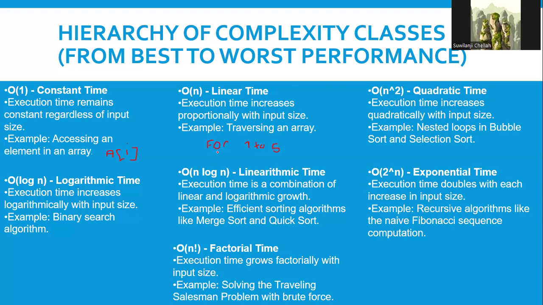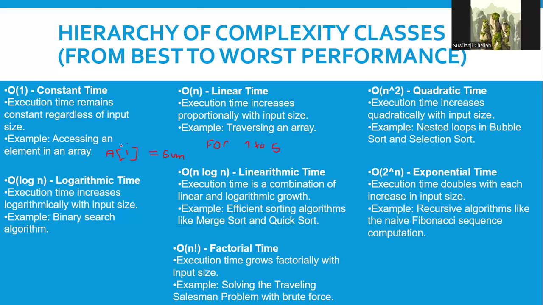Traversing this array from 1 to 5 takes big O of n, linear time. But if you're just accessing a particular element, meaning we say A1 is equal to sum, okay, so A1 is equal to sum.